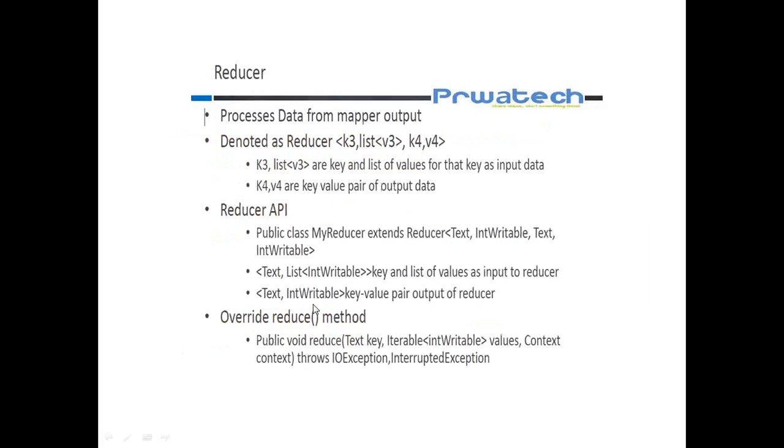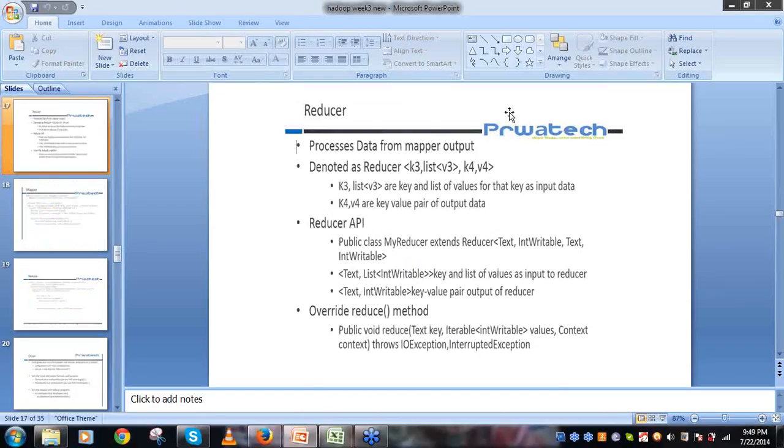It should always be the same, otherwise if there is any mismatch we will get a mismatch error. And the reducer output, K3 V3, is Text and Writable. Now we'll move to the code.